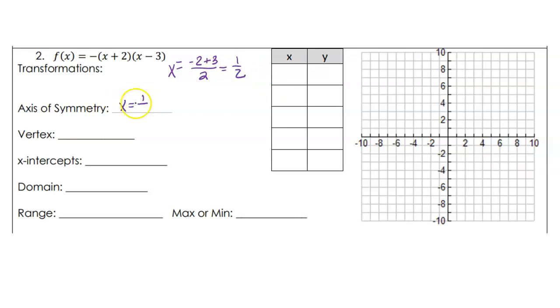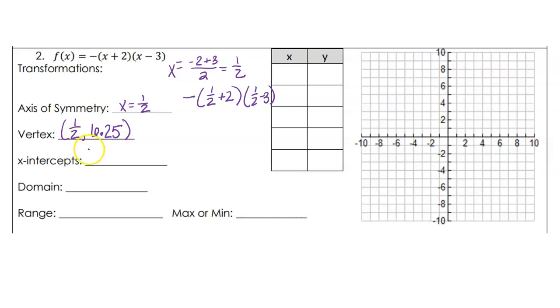So x equals 1/2. We already have our x coordinate of our vertex. I'm going to plug that into the equation to find my y coordinate. When that's all said and done, we have positive 6.25.